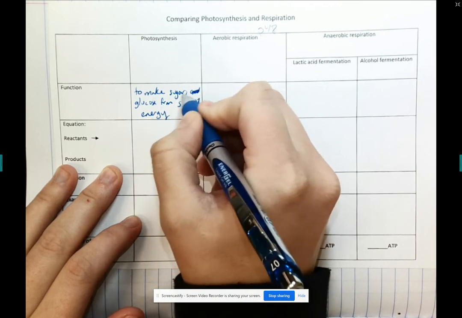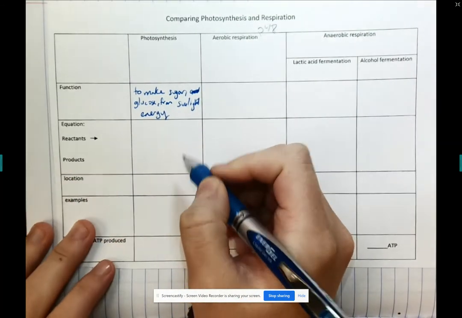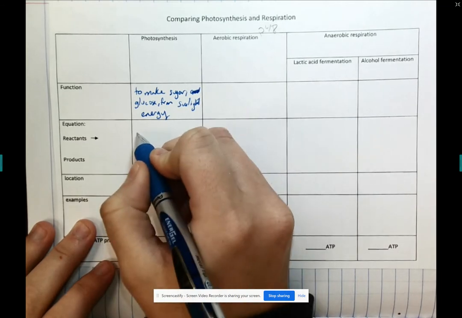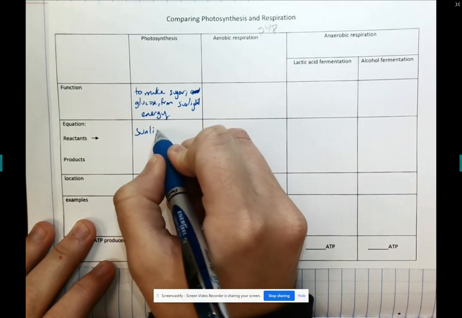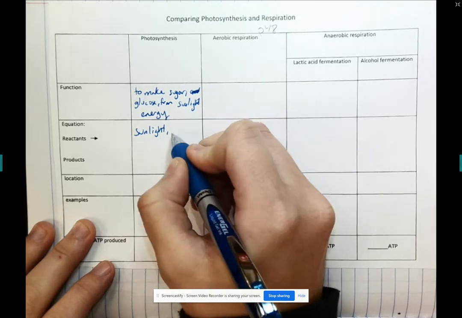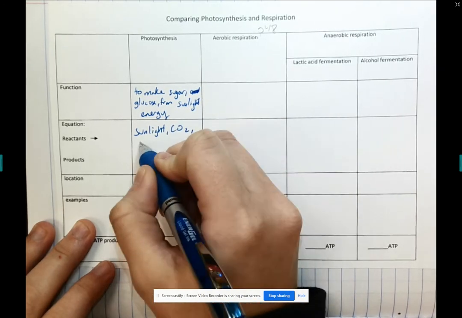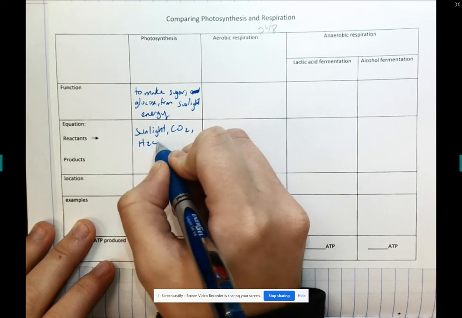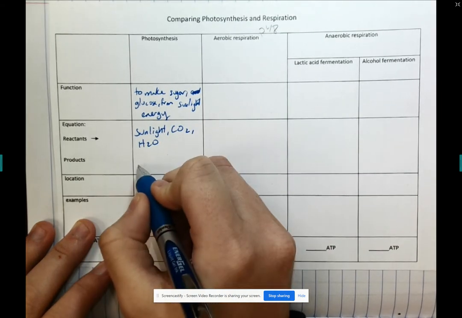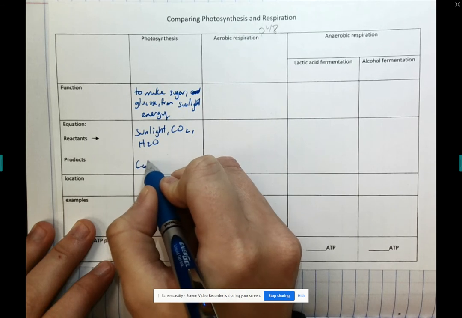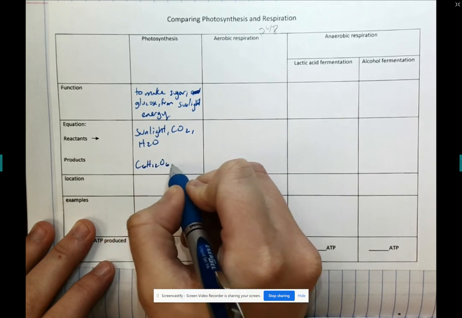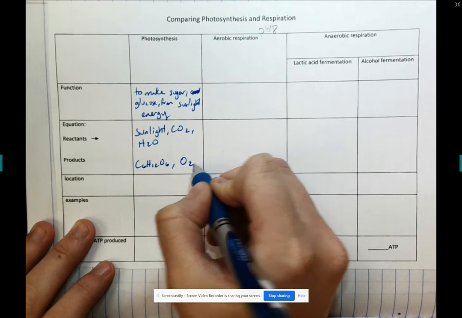So to make sugar, which is our glucose, from sunlight energy. Our reactants, right, that's going to be sunlight. We also need carbon dioxide, and we also need water. And then our products is going to be glucose and oxygen.